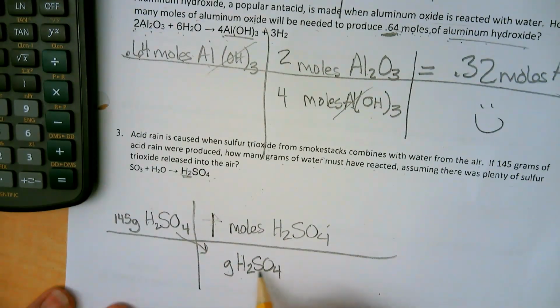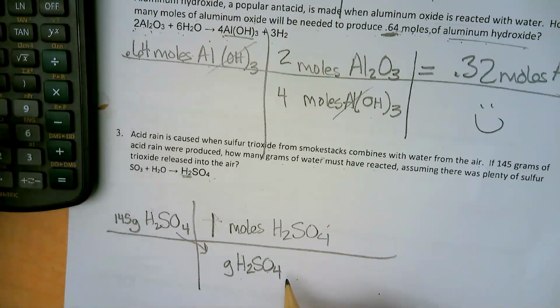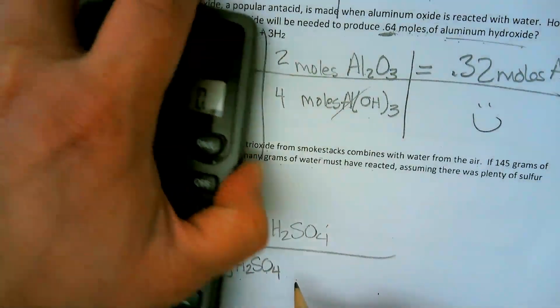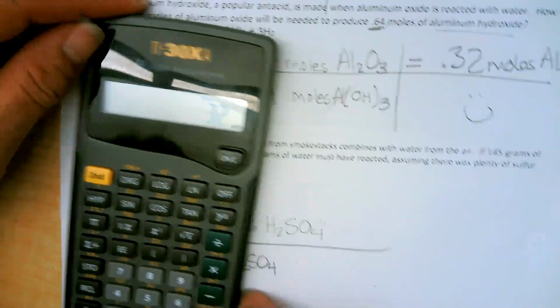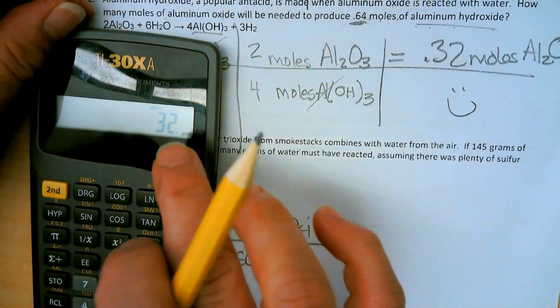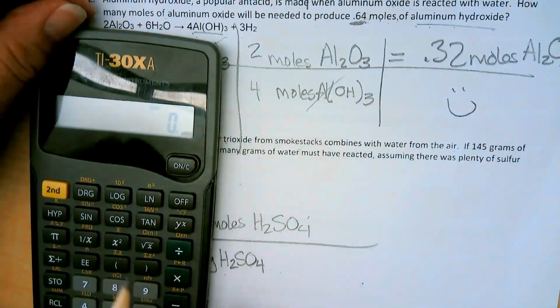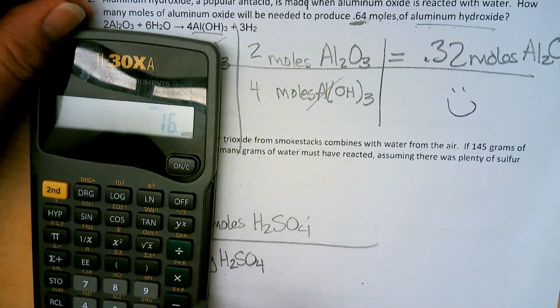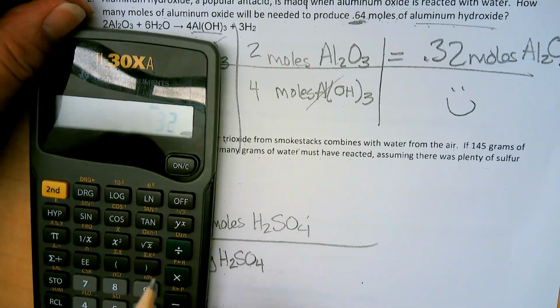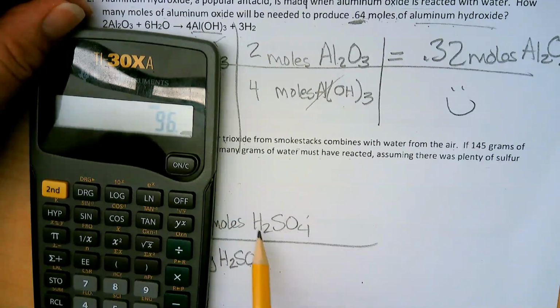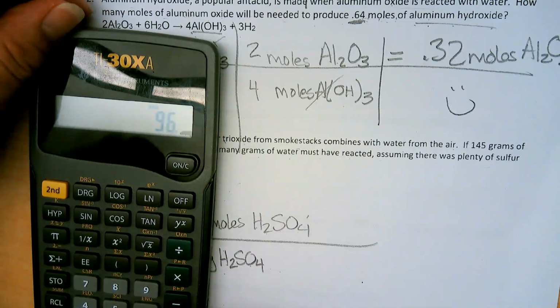And how many grams of H2SO4 make 1 mole? Well, sulfur is 32. Oxygen is 16 times 4, so 16 times 4 plus 32. And hydrogen is just 1, so there's 2 of them, plus 2.